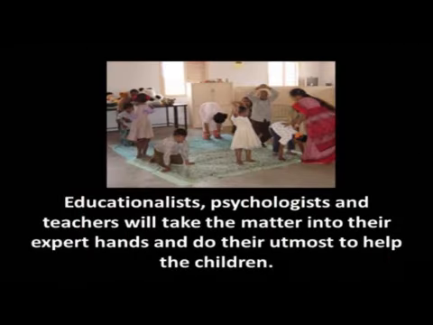As with all illnesses, it is implied that there is the possibility of a cure. Worried parents readily accept such categorizations because blaming an illness gives them hope of a solution. No doubt, educationalists, psychologists, and teachers will take the matter into their expert hands and do their utmost to help the children.